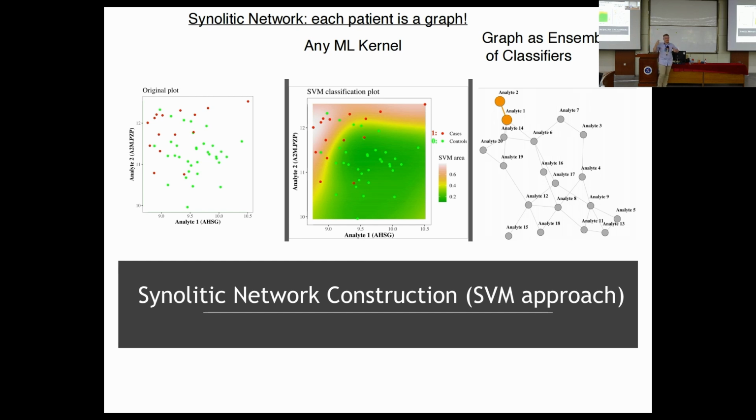So practically, this is what we have called the Synolitic graph, from Synola, a Greek word which means ensemble, because this graph is actually an ensemble of independent low-dimensional classifiers. Each classifier is in fact using just two features, but then all these classifiers are linked in the graph, and we can analyze the topology of this big graph, which is an ensemble graph or Synolitic graph.